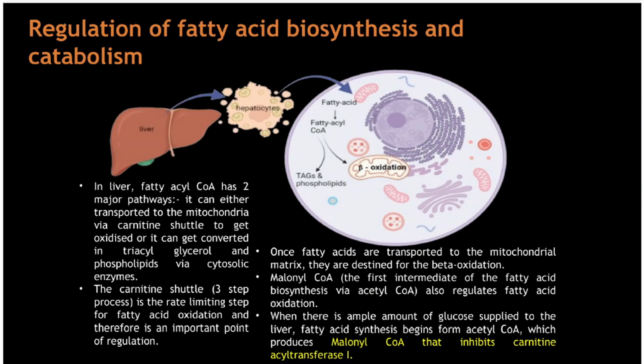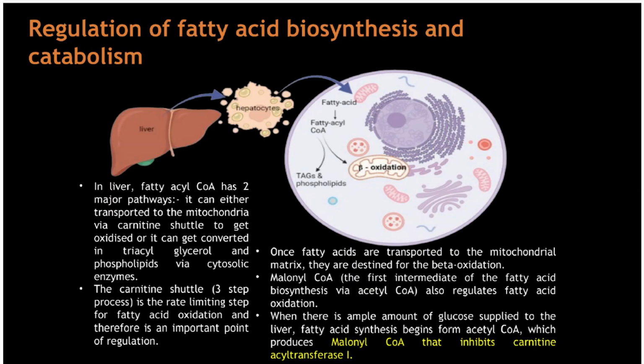Okay. So in liver, this fatty acyl coenzyme A has two major pathways. It can be transported to mitochondria, as we have seen earlier, through the carnitine shuttle, so that it can get oxidized there by beta oxidation and converted to acetyl coenzyme A molecules.